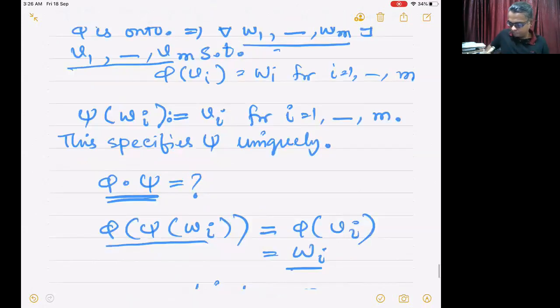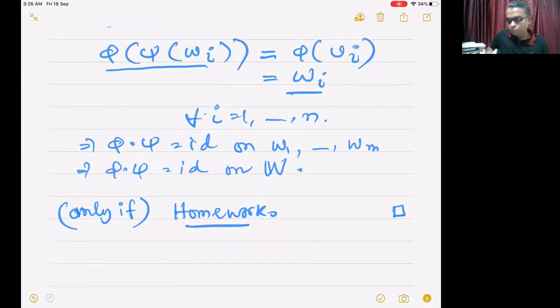I think this is where we close the session now. We will take this idea further, that to specify a linear map, it is enough to specify it on the basis vectors.